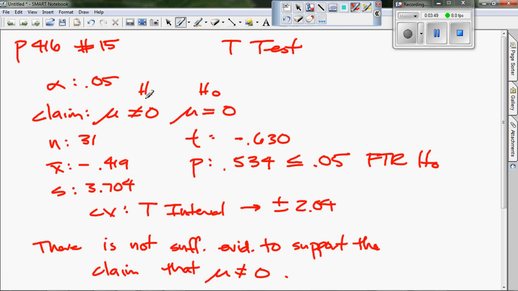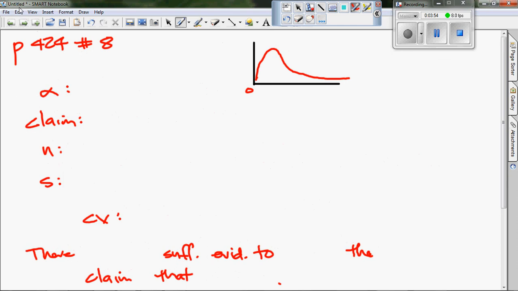Last problem is page 424, number 8. Alright, it says that we were going to use a 0.01 significance level. We're going to test the claim that the current class has less variation. So sigma is less than 14.1, since past statistics classes have scored with standard deviations equal to 14.1.